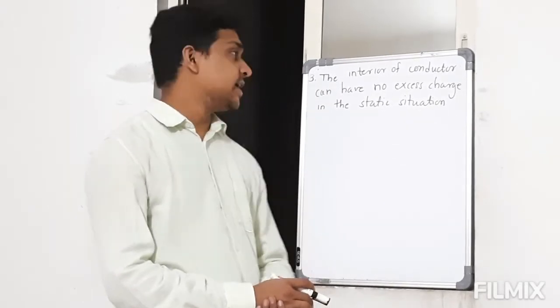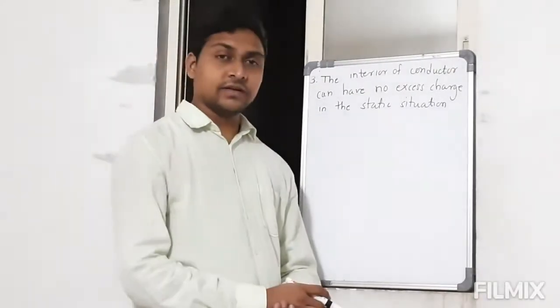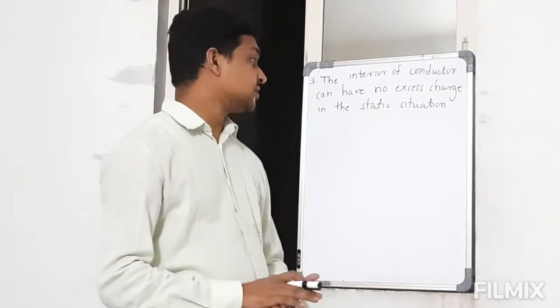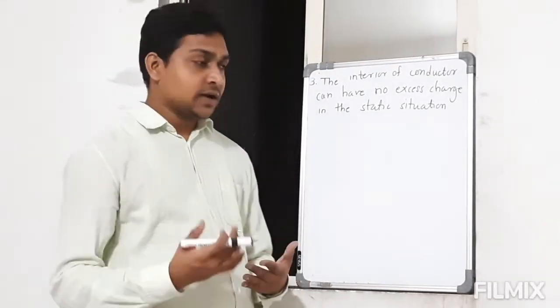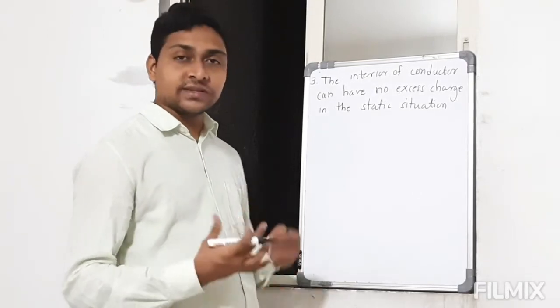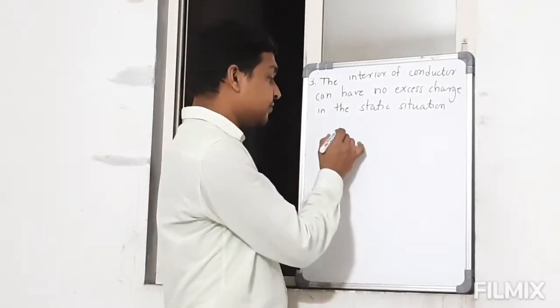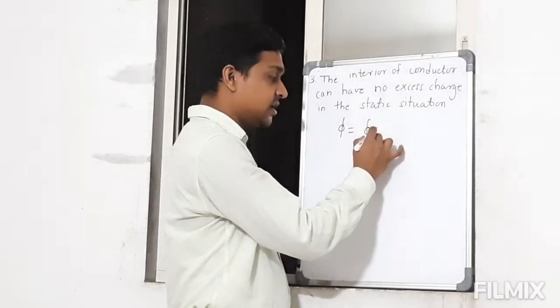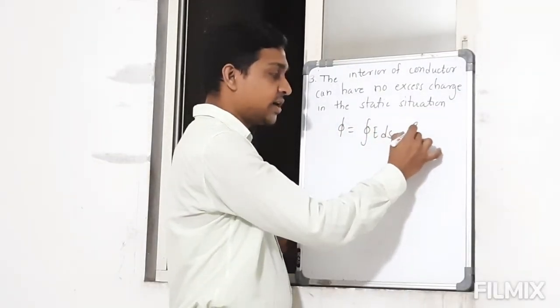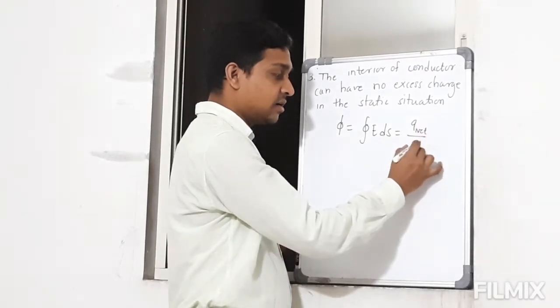Third property: the interior of a conductor can have no excess charge in the static situation. Here we need to use Gauss theorem. According to Gauss theorem, the flux, that is the integration of E dot ds, is equal to Q net upon epsilon naught. This we learned earlier.